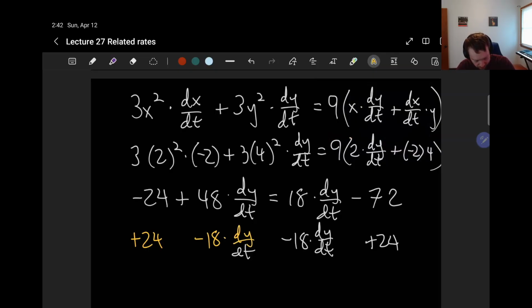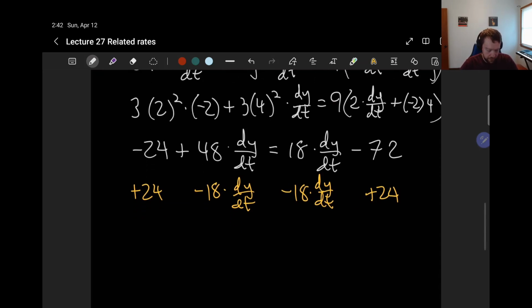Those are my algebra steps. So that leaves us with 30 times dy/dt equals negative 48. Just double checking my work there. Yep.